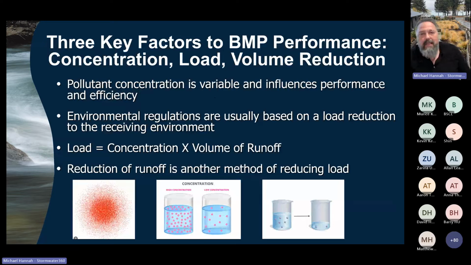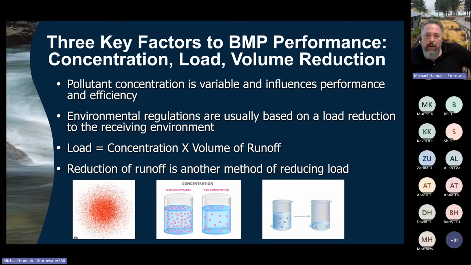So 3 key factors to BMP performance, that's concentration, load, and volume reduction. Pollutant concentration is a variable that really influences efficiency or percentage removal. Environmental regulations usually are based on load reduction, because usually they're developed for example, 75% on an average annual load, or they're developed from looking at a receiving environment and how much load it can handle and be resilient to.